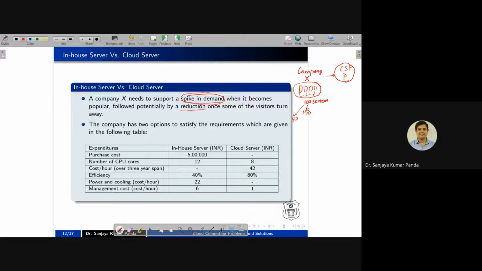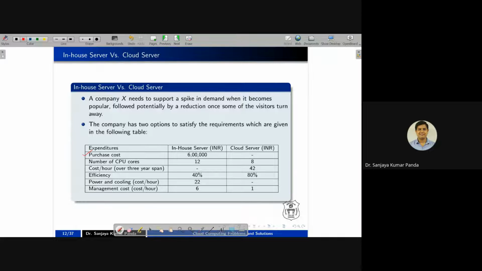Now this company X has 2 options to satisfy the requirement, which are given in this particular table. Let us see what the requirement is. The first requirement is with respect to the purchase cost. If you want to maintain your own infrastructure, then you will purchase your server, or infrastructure; you may require more servers also.